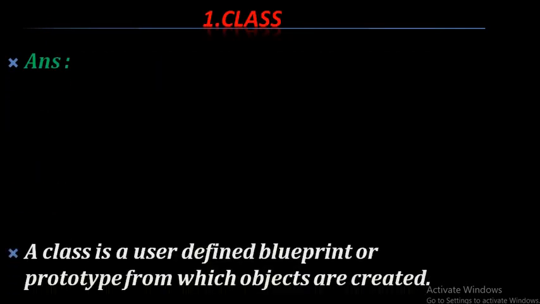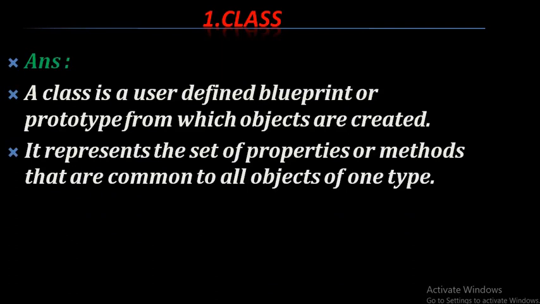First we will see class. What is a class? A class is a user defined blueprint or prototype from which objects are created. It is a building block for an object.